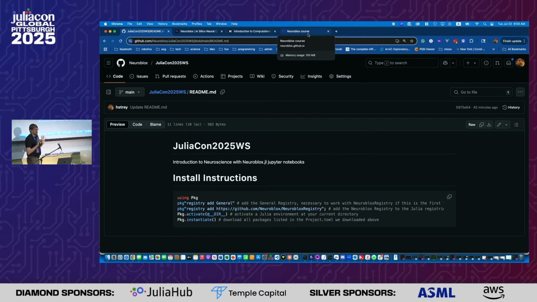To explain what we need to do here, we're saying using package. Maybe import package or using package should always work, right? And then there are two commands which load the general registry. Usually you don't have to load the general registry, but because Neuroblox has its own registry, you have to first add the general registry and then the Neuroblox registry.